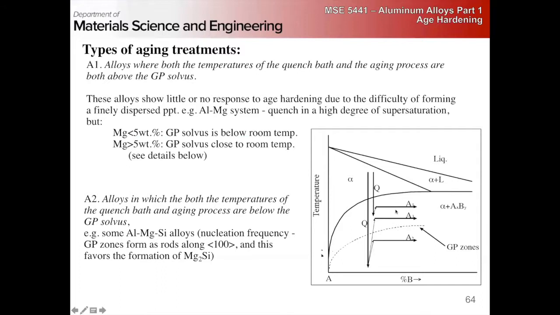But theta double prime was semi-coherent at best, largely had some large facets that were incoherent and a large spacing, so we would have to nucleate those heterogeneously. If we nucleate heterogeneously, do we have a lot of strengthening effect? If nucleation is hard, but we're at a high temperature and growth is easy, we get widely separated big particles.